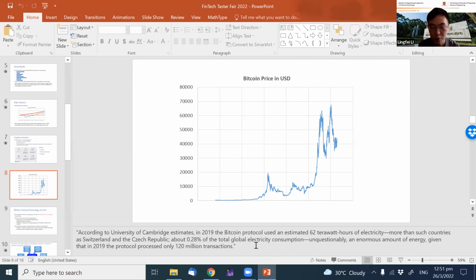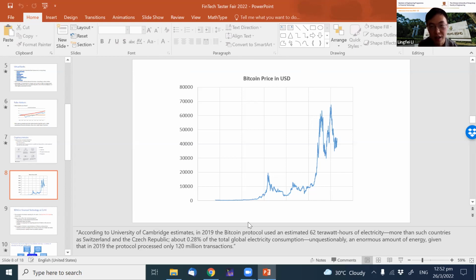It just consumes a lot of electricity. A lot of miners place their machines in places where electricity is cheap, but still, many of those electricity plants are coal-fired or gas-fired. It requires coal and natural gas to produce electricity, and definitely that's not environmentally friendly.